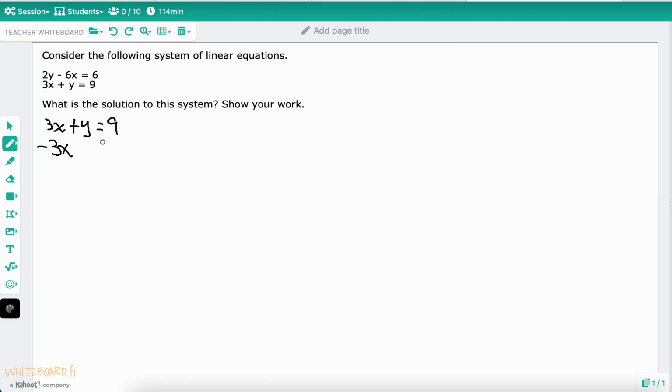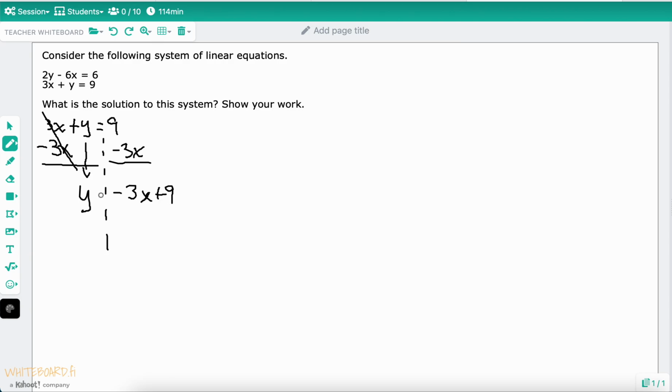If I do that here, you have to keep in mind that the equal sign is where the balance is, so I have to also subtract it here. So 9 minus 3x. And then you have 3x plus y minus 3x. What ends up happening is we can cross these out, and you're left with y equals negative 3x plus 9.